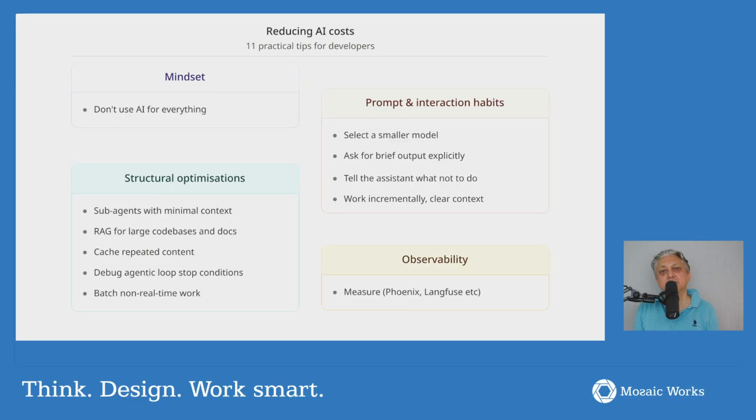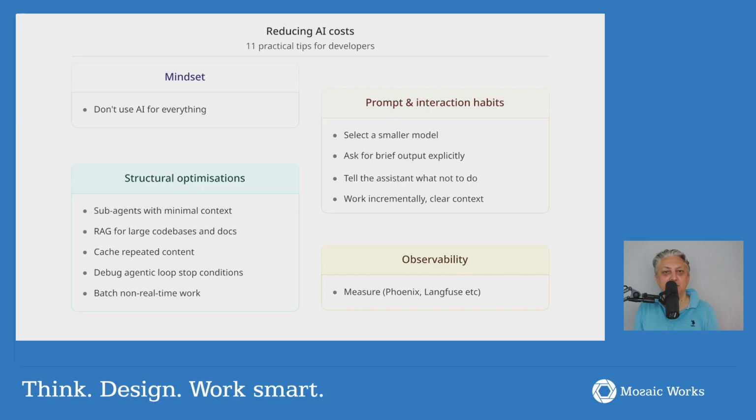Another thing that's really useful in this category is tell the assistants what not to do. Because, let's say, for example, you are looking at a piece of code or the code base. One thing you can tell them is, look at this file, don't look at the other file, or only look at files in this directory, don't look at files in the rest, or only look at files with a certain name, let's say controller or user.